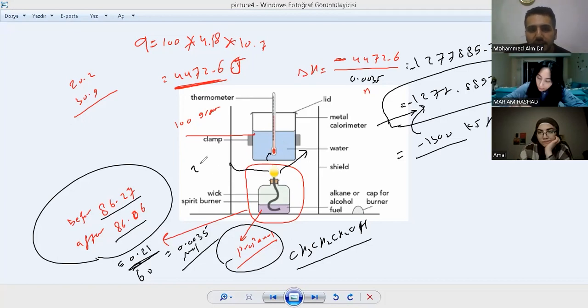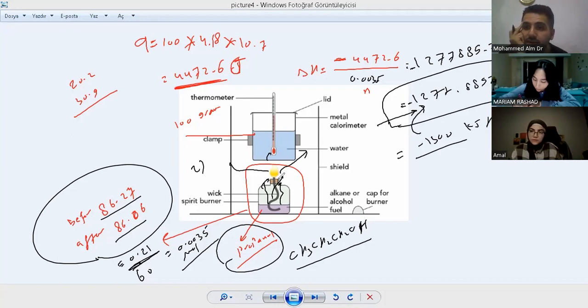Another reason, guys: here we are supposing that the combustion of propanol is complete combustion, but we will have some incomplete combustion. So this is another reason we have a less exothermic reaction. Evaporation of alcohol. Alcohol, guys, is a volatile substance. Some of it will evaporate. Okay, so this is another reason.